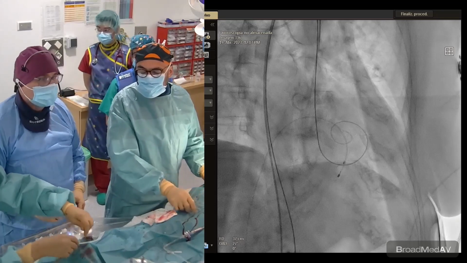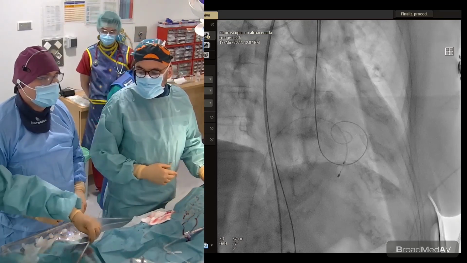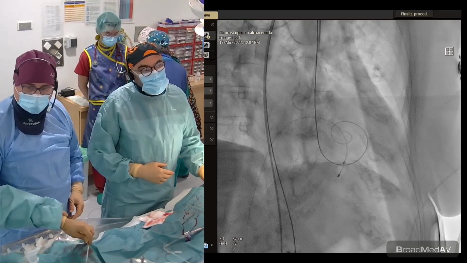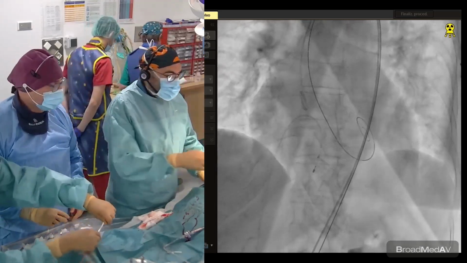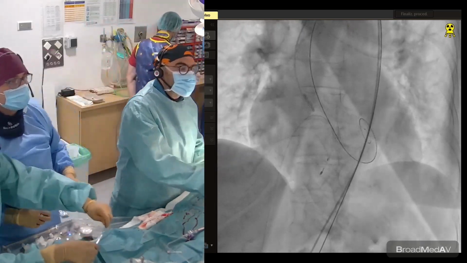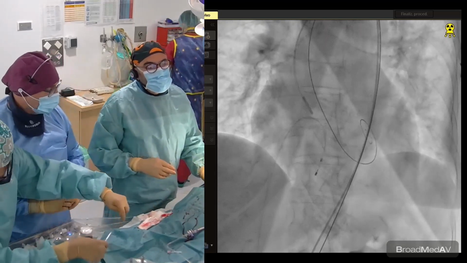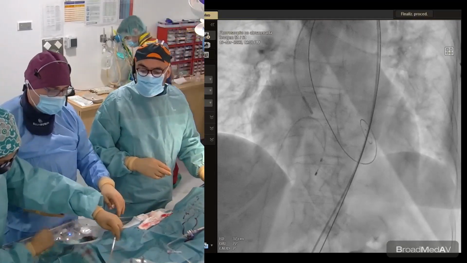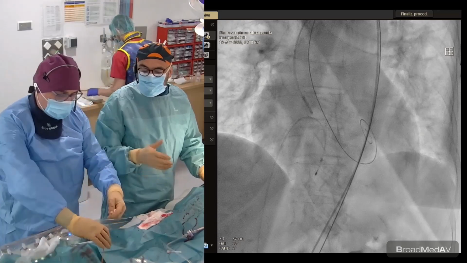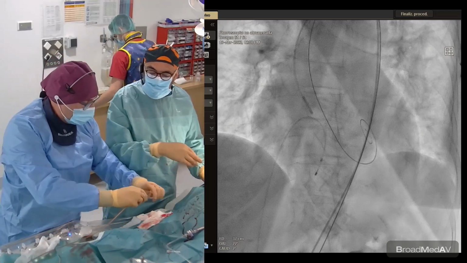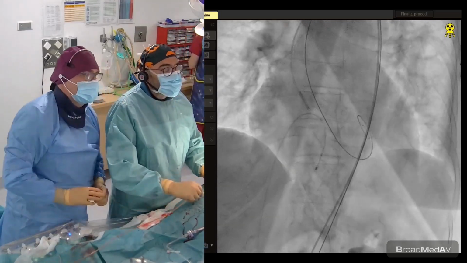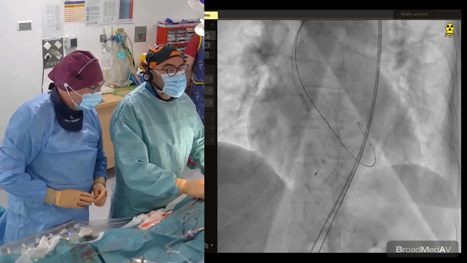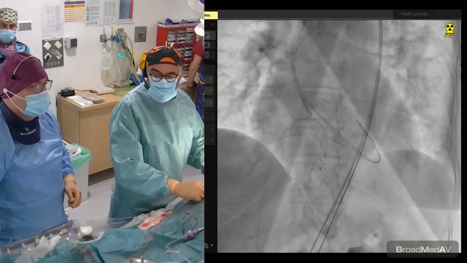Well, you know that you can predilate or not predilate the balloon expandable valve. The company in this case usually recommends to predilate the valve, but we have done a case before this patient in which we didn't predilate. But in this case, it is a very calcified valve, so we have decided to predilate the valve.